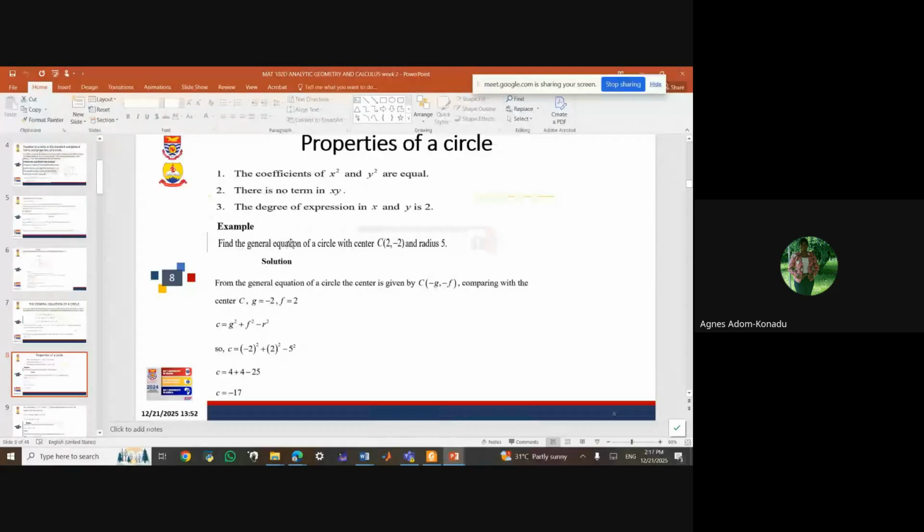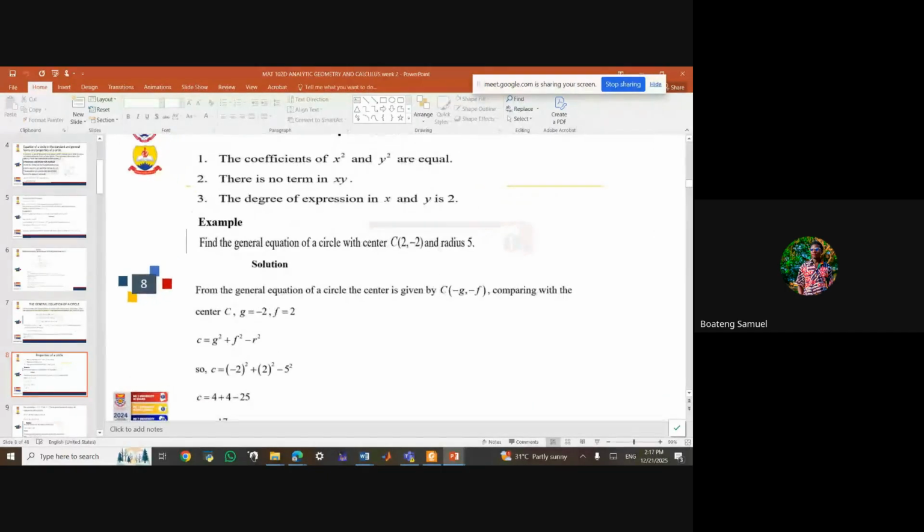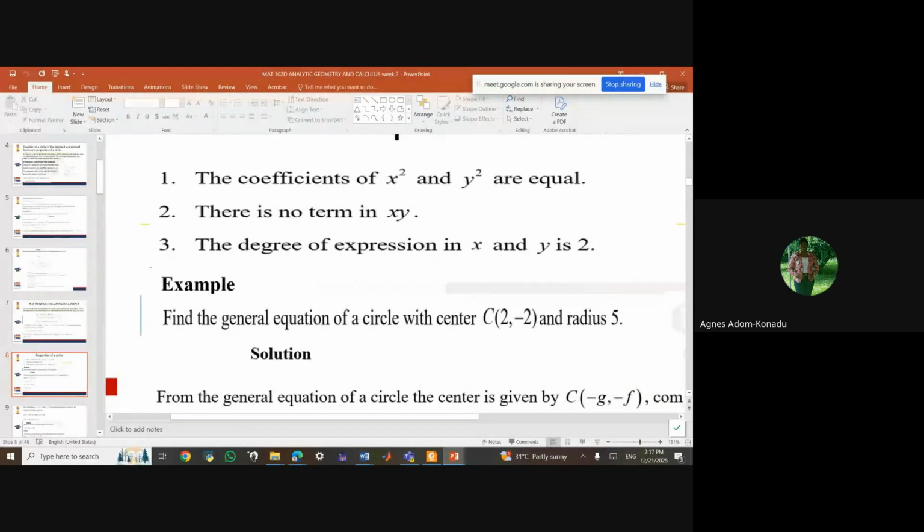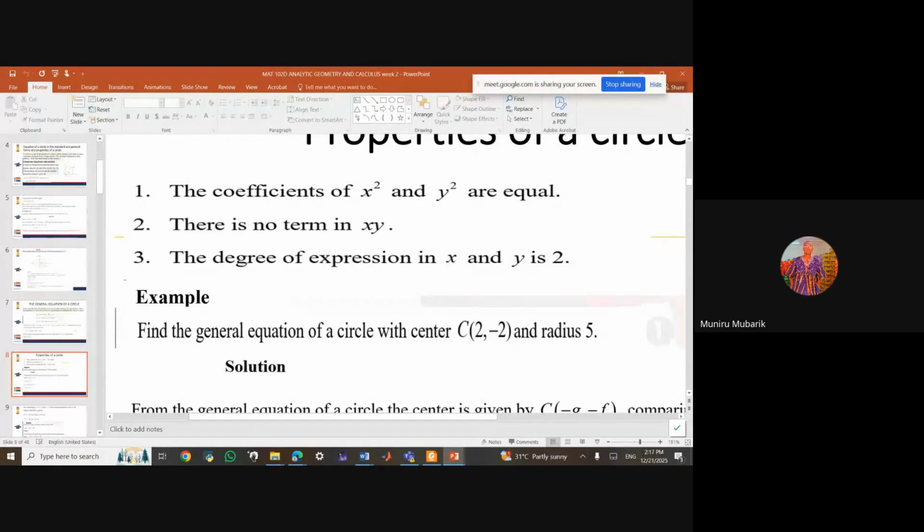There's a question. It says, find the general equation of a circle with center (2, -2) and radius 5. Should I allow you to do it? Yes, madam. Okay, so solve it for me and let's see what you get. Madam, we just saw the solution. You didn't see all of it, please. So solve it.